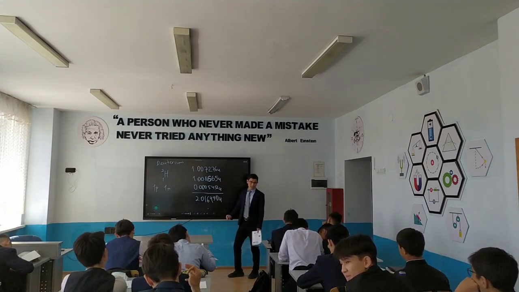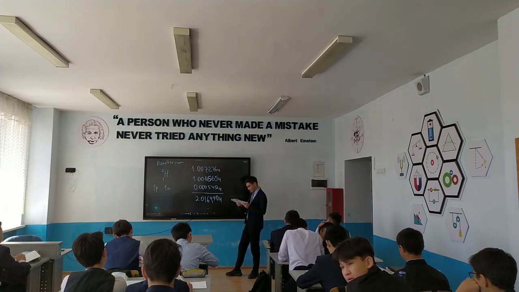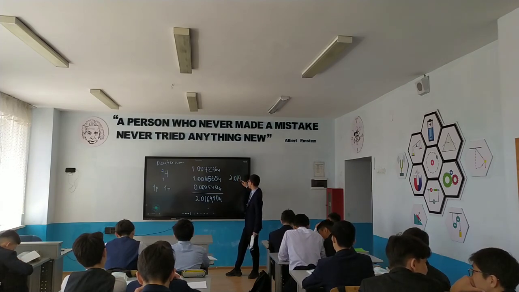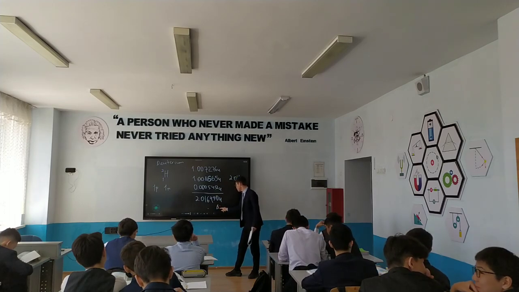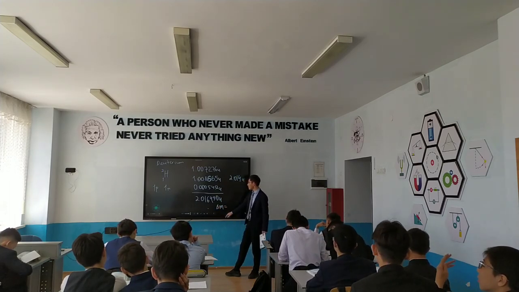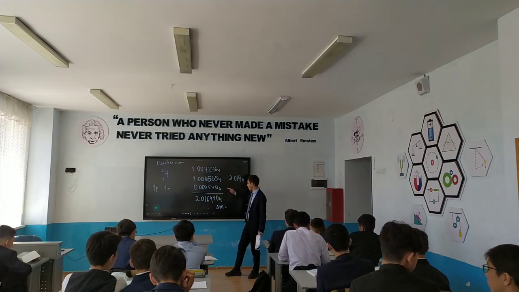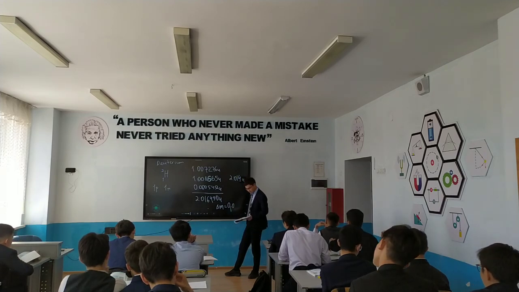But as shown in the chemical table, the mass of the combined deuterium atom is 2.014 u. The mass defect will be equal to the subtraction, this one minus this one.